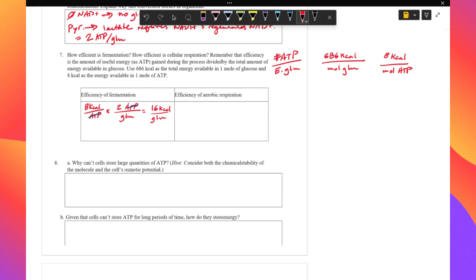So 16 kcals per 2 moles of ATP divided by 686 kcals per mole of glucose, we should get 2.3%.